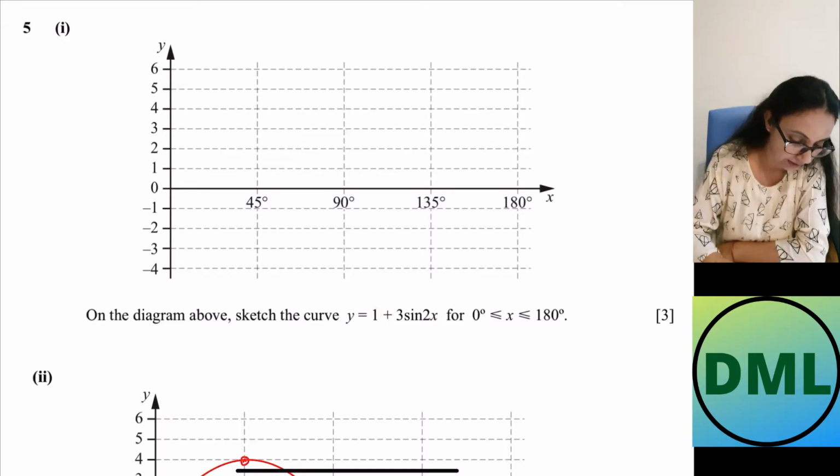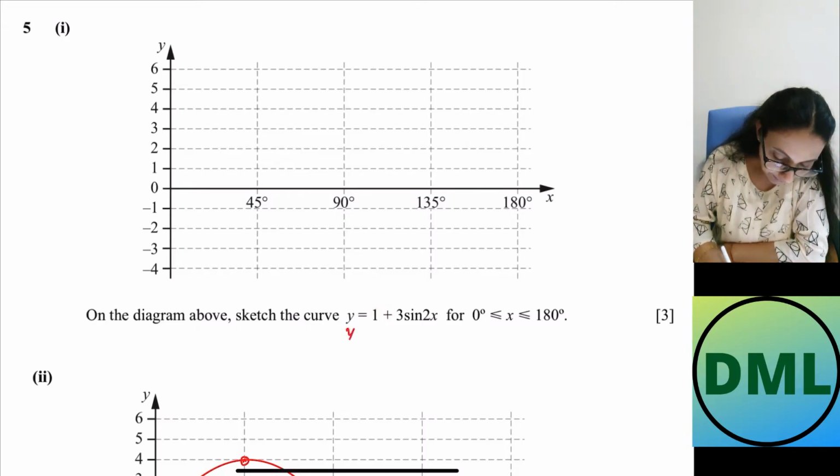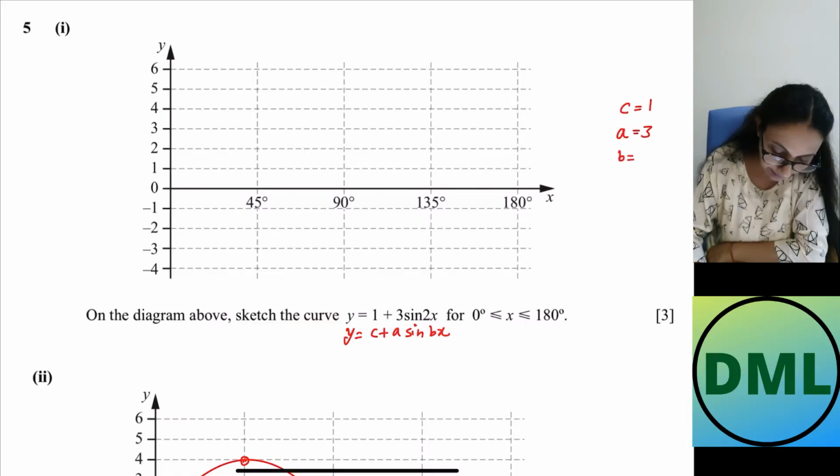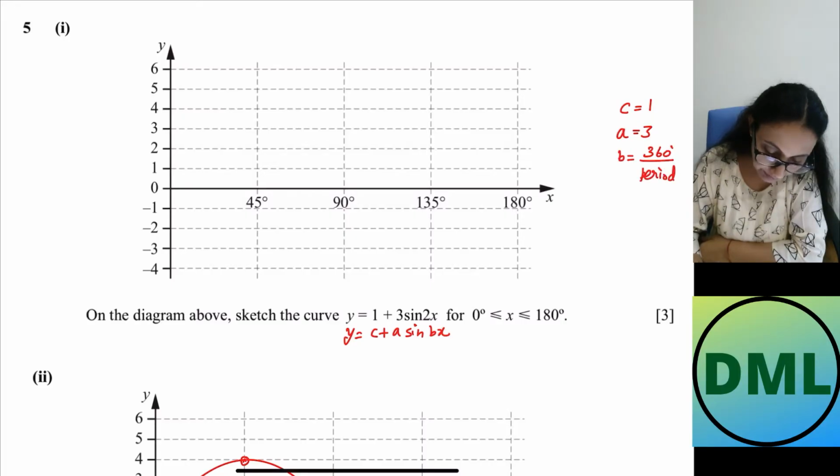If I compare it with y is equal to c plus a sine bx, the value for c is 1, the value for a is 3, the value for b will be given by 360 degree over period. We need to find out the period, so we need to switch the places here. So the period will be given by 360 degree over B.